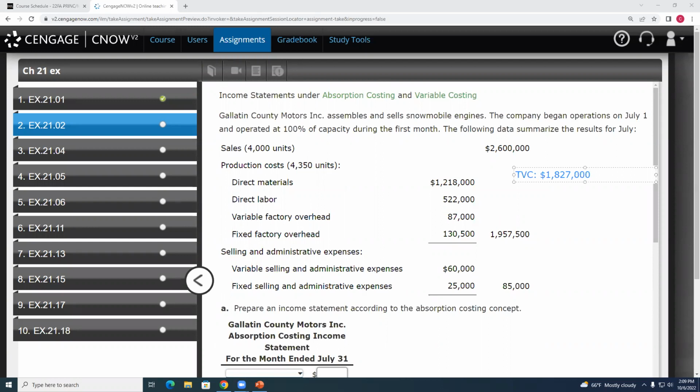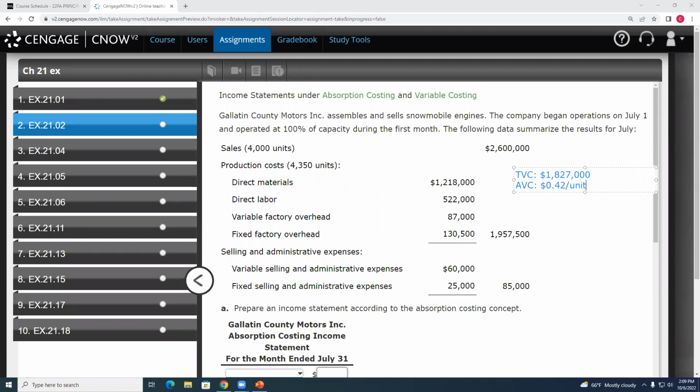We have a couple of people here taking economics. If you're taking microeconomics, that's an acronym that you'll see routinely in that class as well. So that's our total variable cost. Our average variable cost then would be that total divided by 4,350 units. I just want my unit cost, and it is $42 per unit.